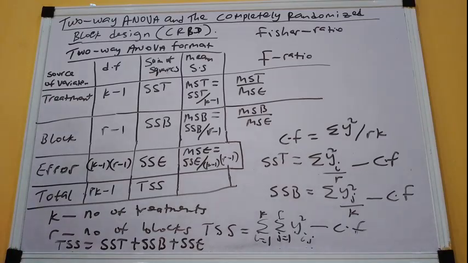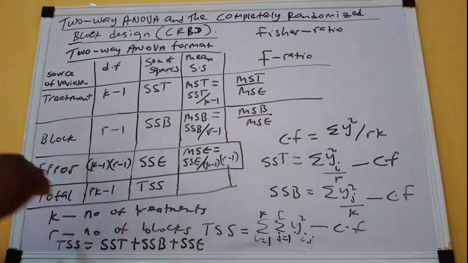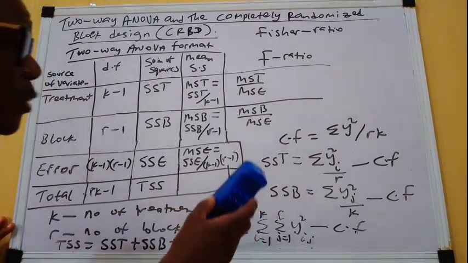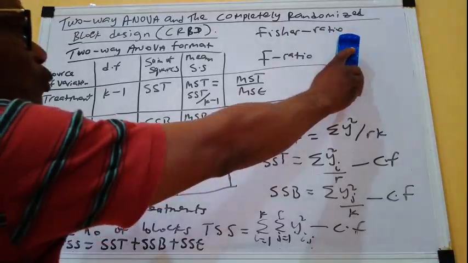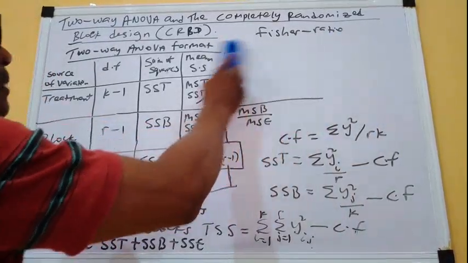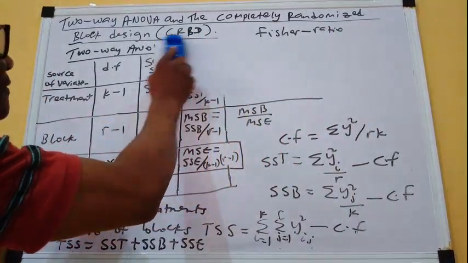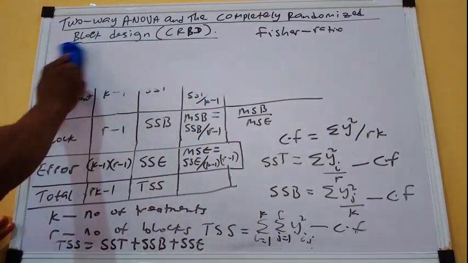So now this is the Anova design for the two-way analysis of variance, or the completely randomized block design. Now we are going to solve a particular problem. In statistics, or mathematics, the best way to explain how a method works is by solving a particular problem. I believe you have taken note of this Anova format.